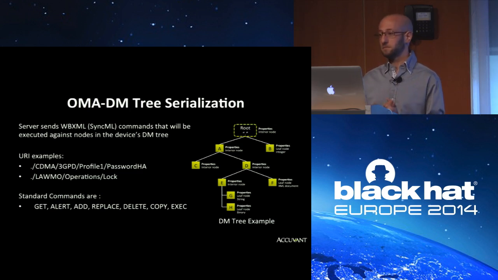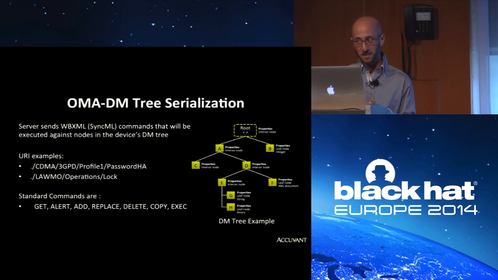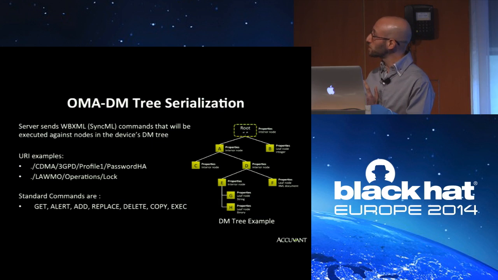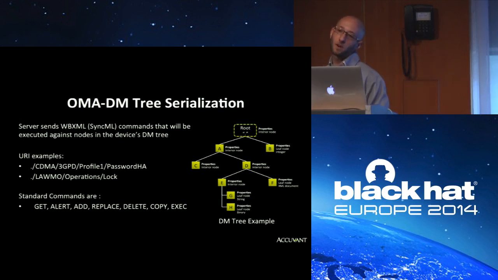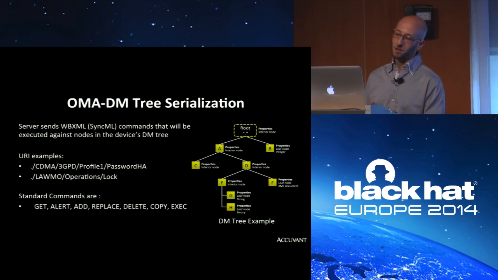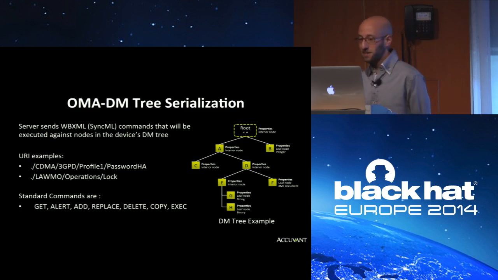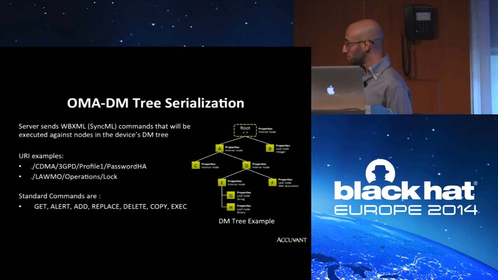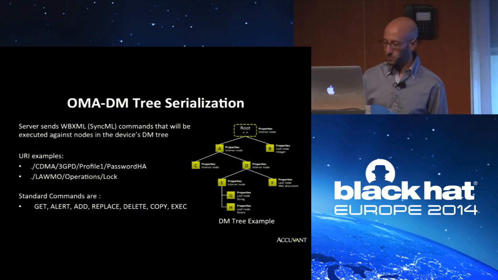You can get, alert, add, replace, delete, copy, and exec. I'll talk a little bit about what those would mean later, but an example listed is if I wanted to run an exec on the LAWMO operations lock, that would effectively lock your device. If I wanted to get your CDMA password HA, which is your password for your CDMA network authentication, that would provide it to me as well.